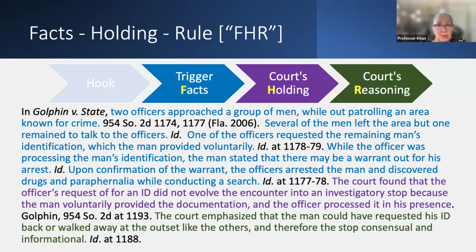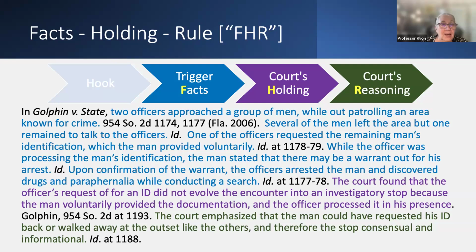That's an FHR. Now, for the hook concept to be complete, there would need to be a second case FHR, or there would need to be an explanatory parenthetical citation with another case that found that a stop was consensual. Then you could have a but C to show the distinguishing, but you need at least 2 cases to support every single hook concept.